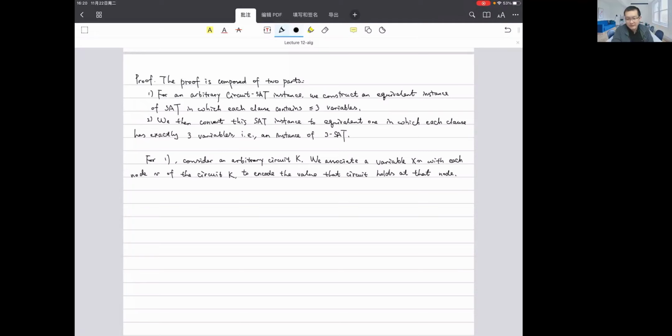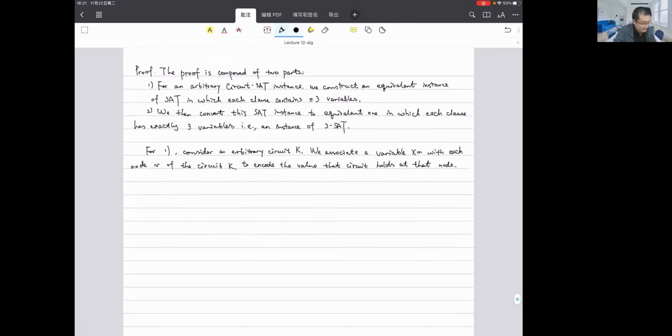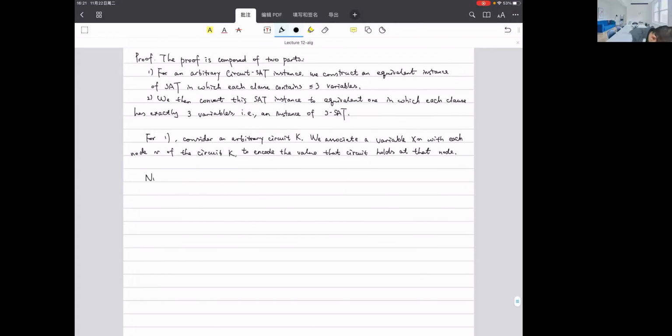We are going to make the variables xv at each node of the circuit and turn this into something in a clause. This is an important thing for making the reduction here. So in particular now, let's define the clauses.